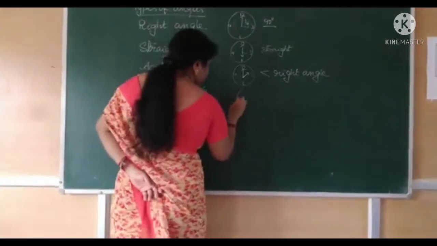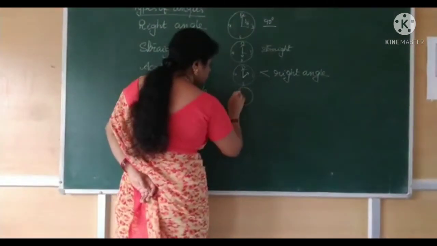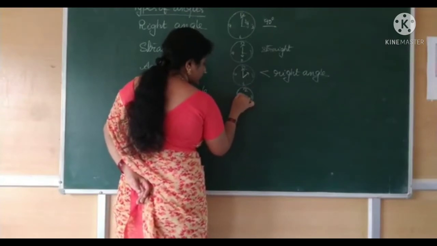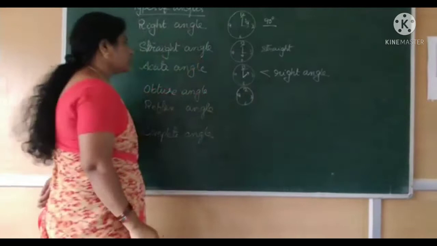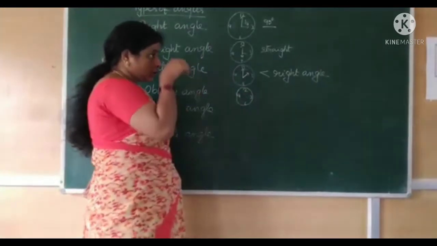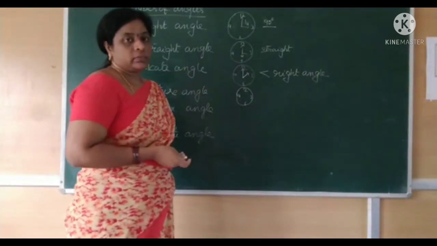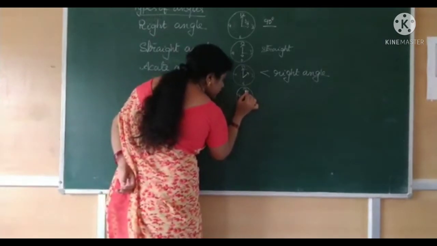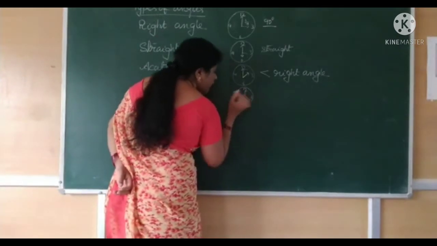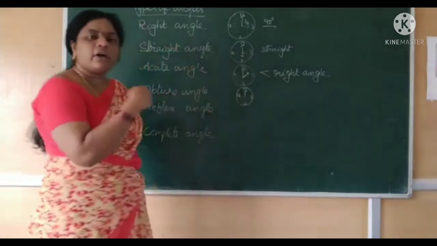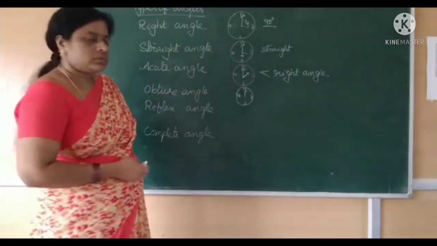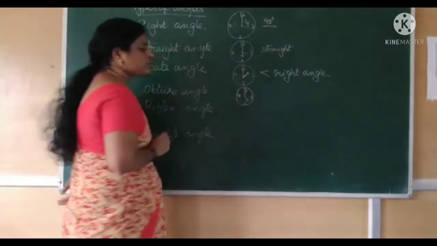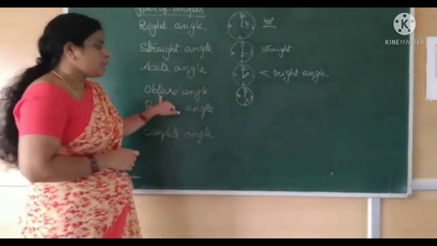Now, obtuse. The hour hand revolution is greater than 1/4, less than half. Then it is said to be obtuse angle.